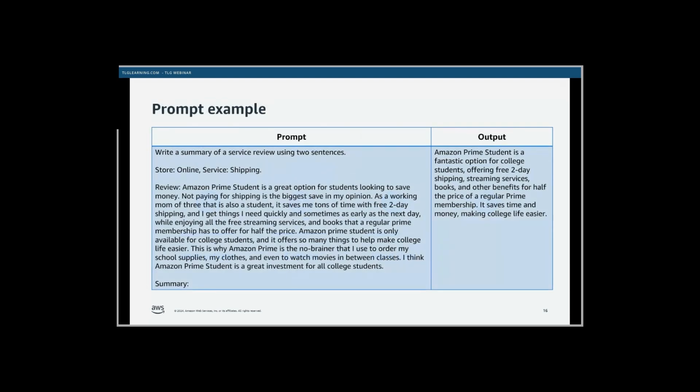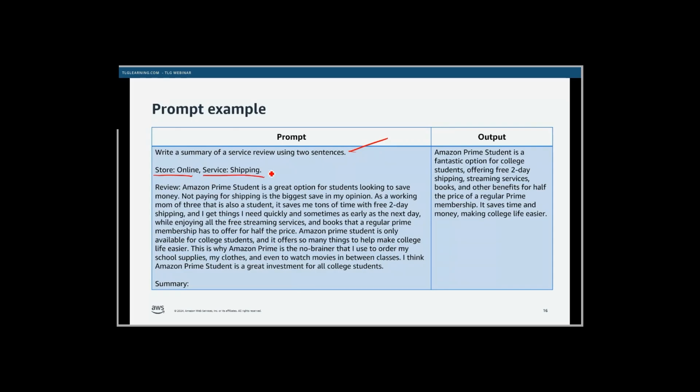Let's look at an example of a prompt. So here's a prompt I might provide to an AI. I'm going to give the AI instructions and a task. The task here would be: let's write a summary of a service review using two sentences. Then I give it a little bit of background information. This is an online store.